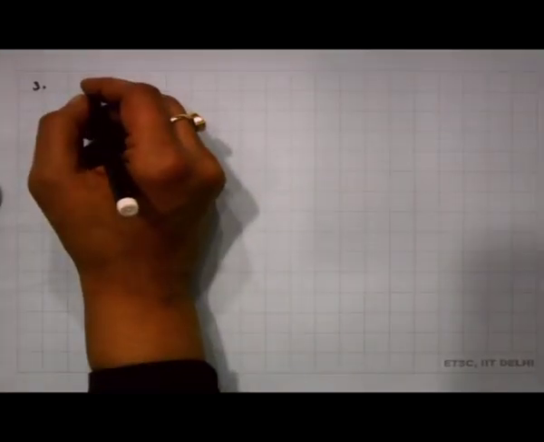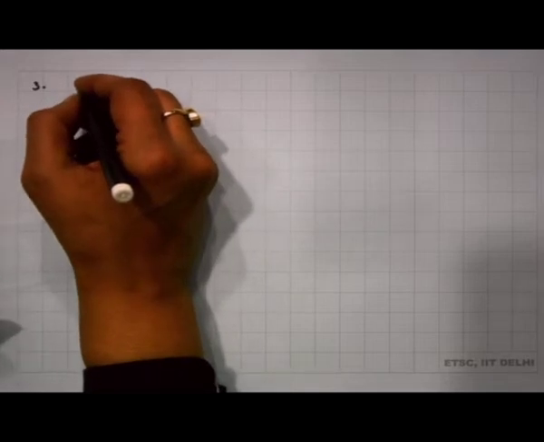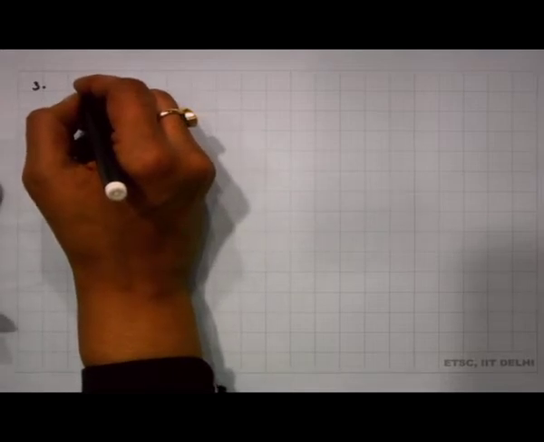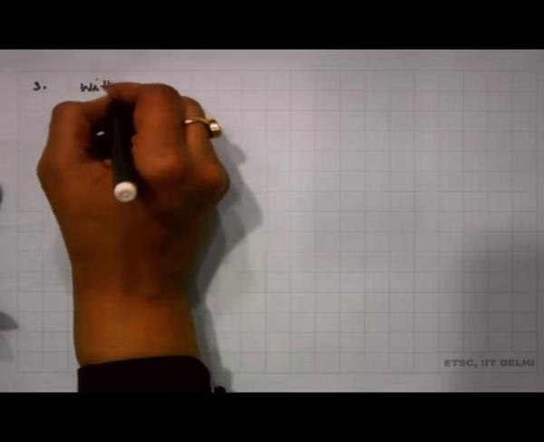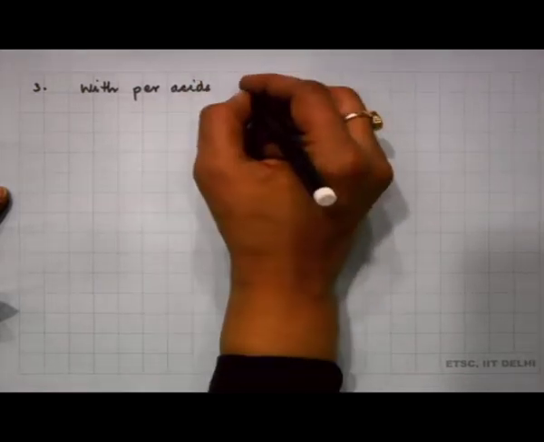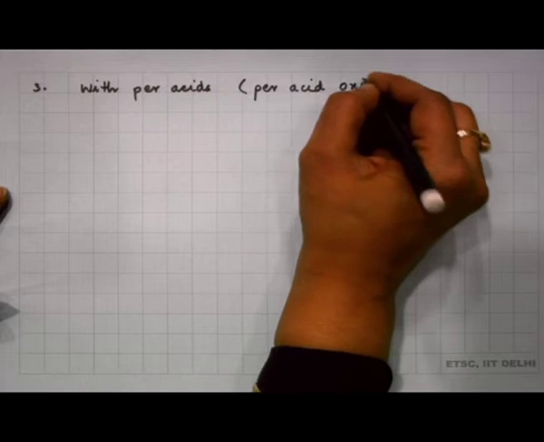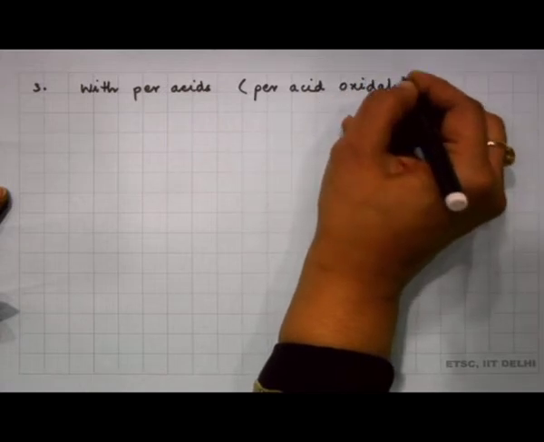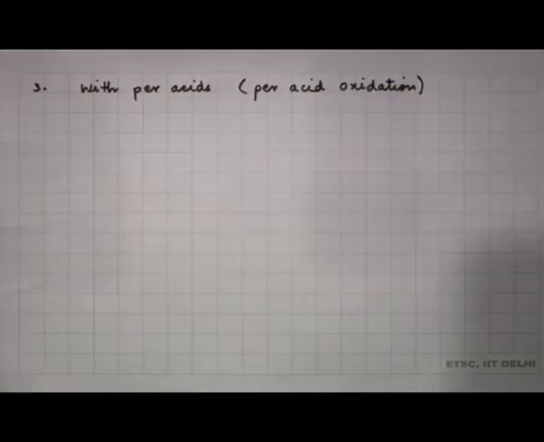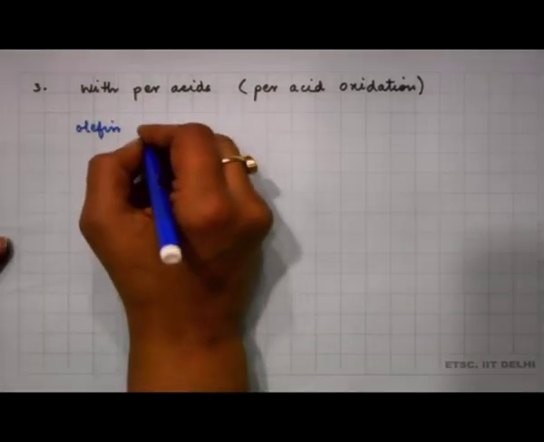All right, moving ahead, we have another interesting way of making the diols starting from the epoxide, which can be generated with the help of per acids. With the help of per acids, we can again get the diols, and this is called the per acid oxidation. So, the starting point is the same. You begin with the olefin, you treat the olefin with a per acid.